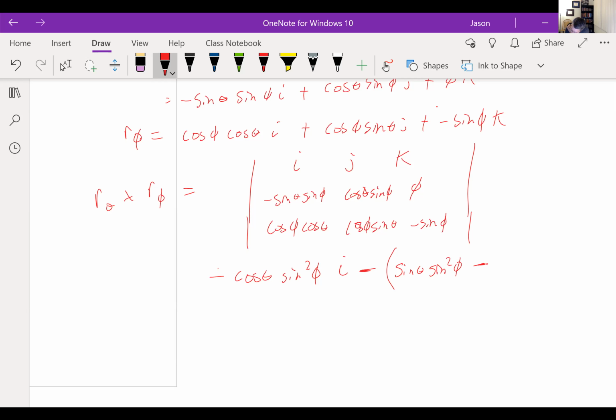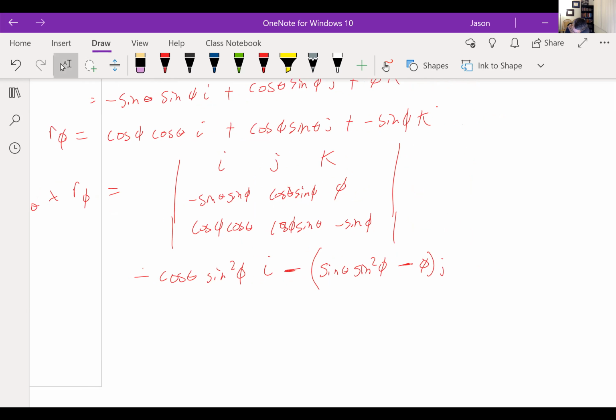For j, cross off the column, and that's just 0, minus 0, j. And then k, cross off the column there. So for k, we get cosine theta sine, no, sorry, that's a phi.